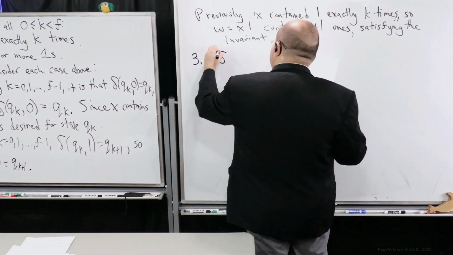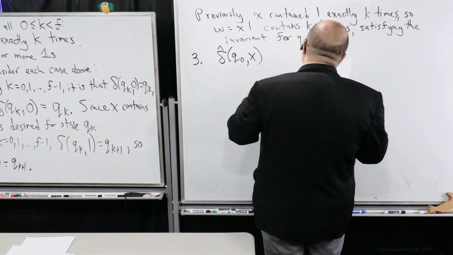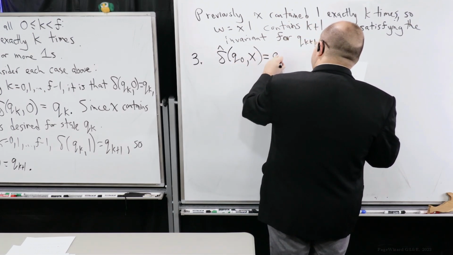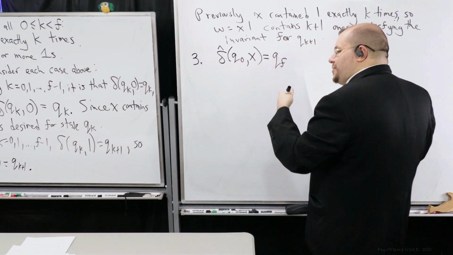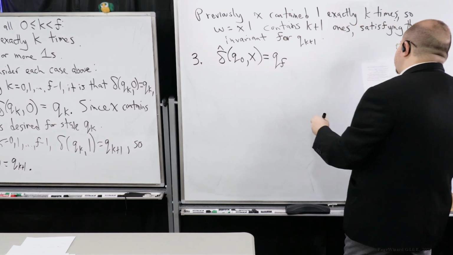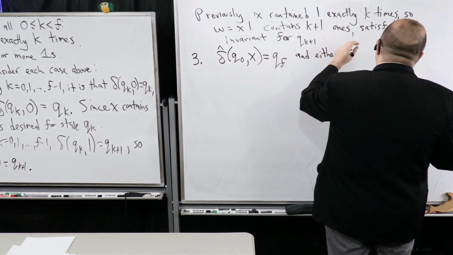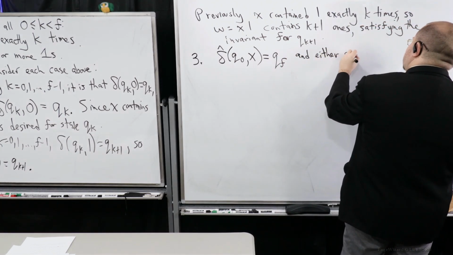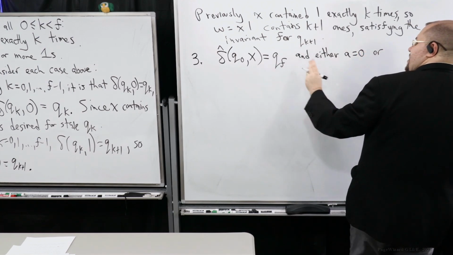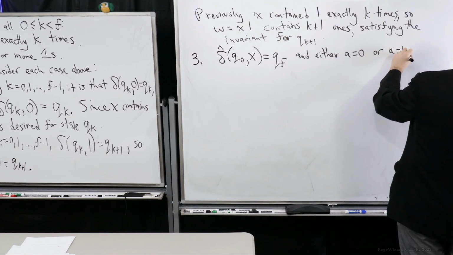So finally, the third and last case, because it doesn't matter which one it is. Remember, at the end of the directed chain, it reads a 0 or 1. It's similar to a previous example we had where it didn't matter. So these are going to just contract into their own singular case. So we end up in QF, and either A is 0 or A is 1.